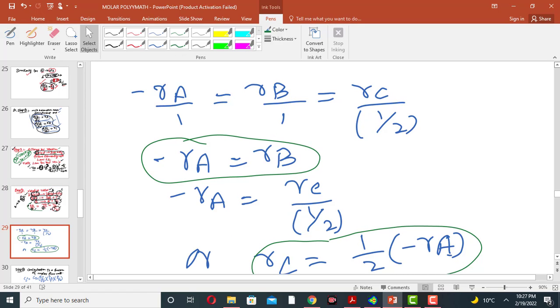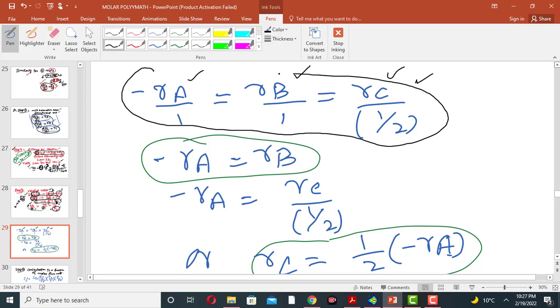Now we can relate the rates of component A, component B, and component C with the help of the relative rates. From this equation we can compare Ra and Rb. So minus Ra is equal to Rb, and minus Ra is equal to Rc divided by 1 divided by 2.